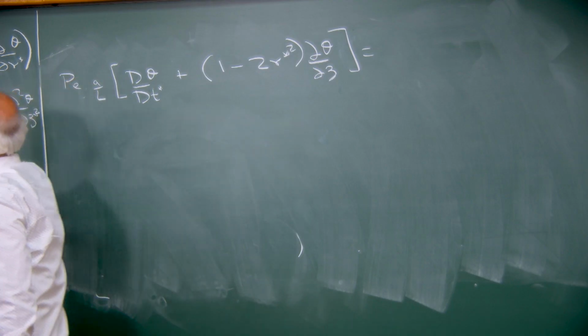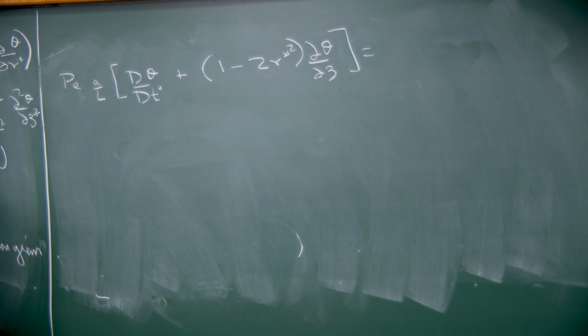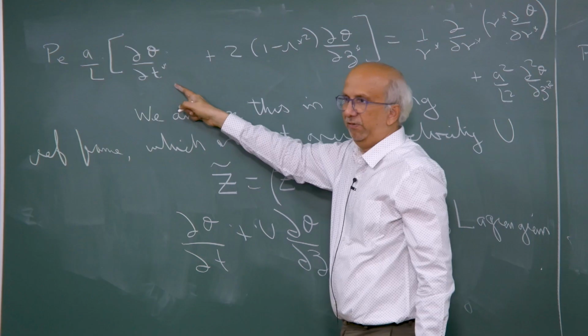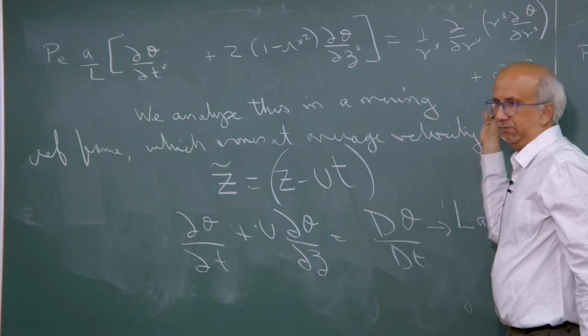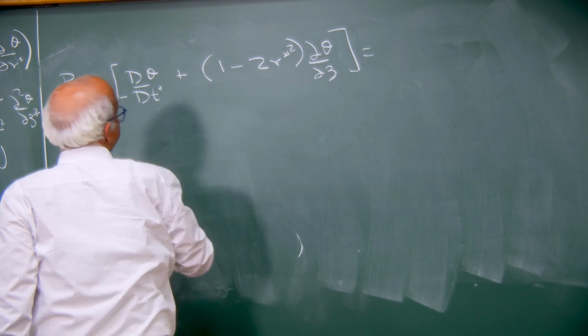What have I done? 2 minus 2 r star squared, one of them I have taken along with this partial derivative and made it a total derivative, or substantial derivative. This is my Lagrangian.